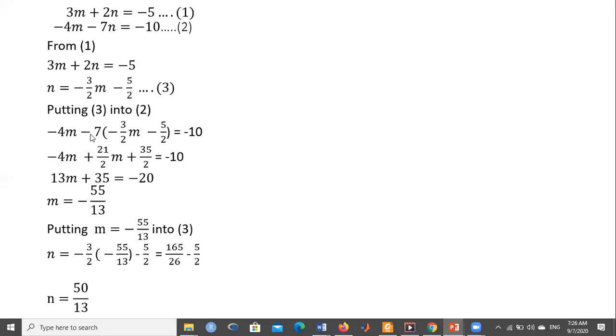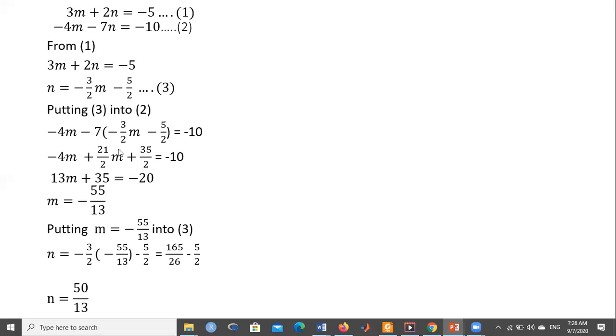We have a fraction and also brackets, so we can expand. Expanding, we get minus 7 throughout. You can try that. After that, multiply by 2, the LCM. That gives us minus 13m plus 35 equal to minus 20.